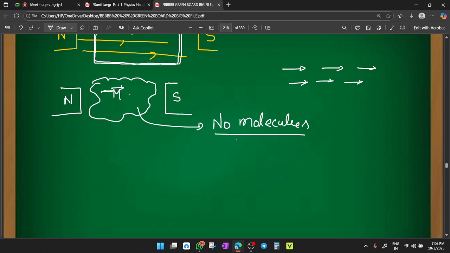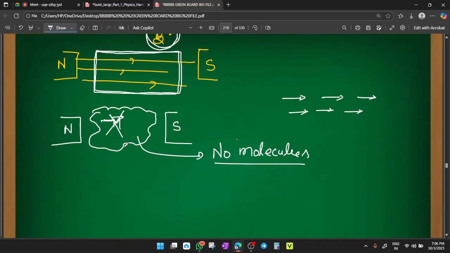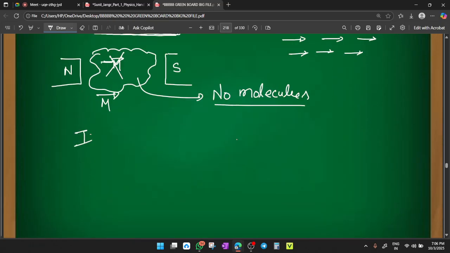So if there is vacuum, nothing will be generated in the form of intensity of magnetization, because I equals M by V. As M equals 0, I becomes 0.